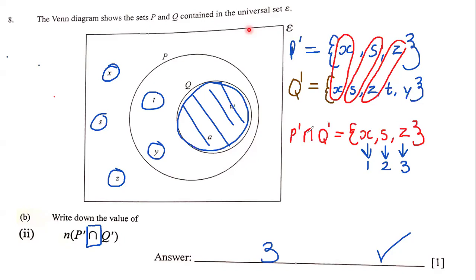So we put them in the intersection, P complement intersect Q complement. Do you understand how we got X, S, and Z? Yes, sir. But how many elements are inside the set? 3. And that's why we have 3 here, because they asked us for the number of elements in the set. Oh, now I understand. That makes sense?